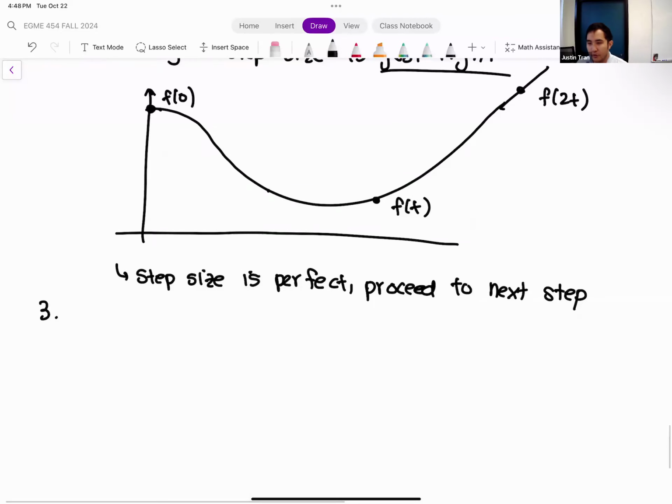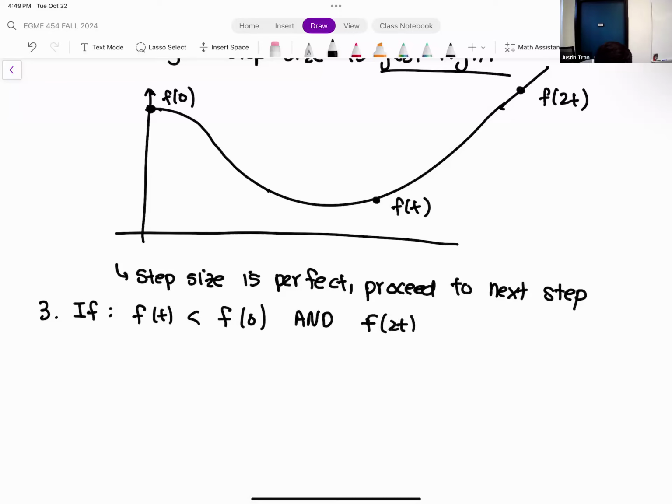Case 3. So we've already seen what it looks like when our step size is too big. We've seen when our step size is just right. What if our step size is too small? How do we know that? If f of t, so f at the midpoint, is less than f of 0, and f of 2t is less than f of t, right?